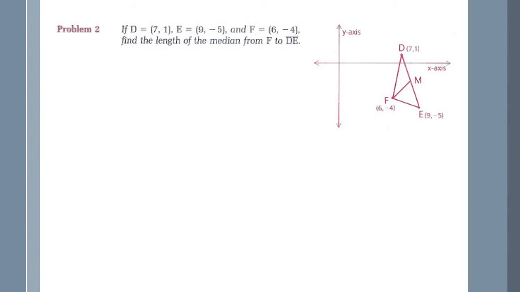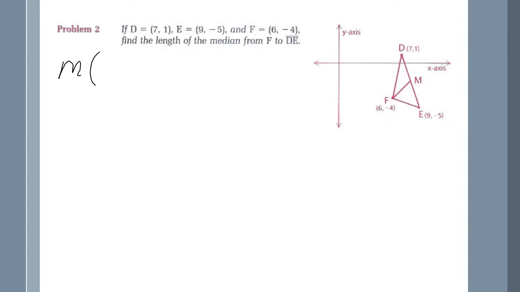Okay, if D is at 7, 1 and E is at 9, negative 5 and F is at 6, negative 4, find the length of the median from F to DE. Well, first of all, you have to solve for M, and for M you have to do the midpoint. So M is going to be the midpoint of DE.